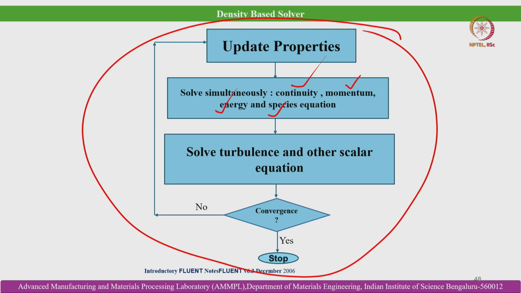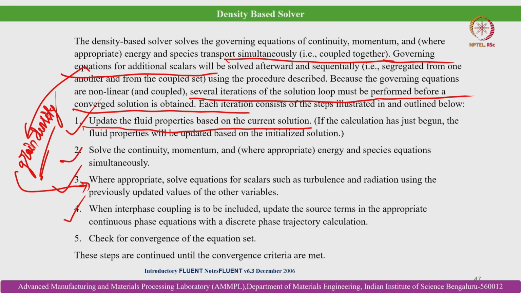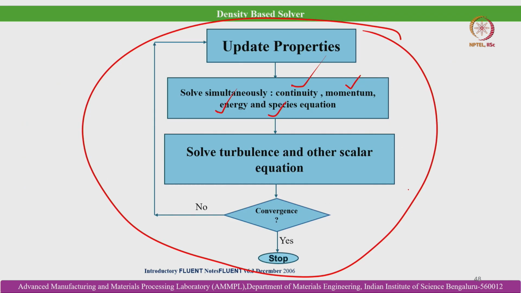Once they are solved, then sequentially, in a segregated manner, scalar transport equations are solved, also for turbulence and radiation. These are solved in the density based solver, and once the solutions of the primary field variables like pressure, temperature and velocity meet the convergence criteria laid in the model, the calculation stops.